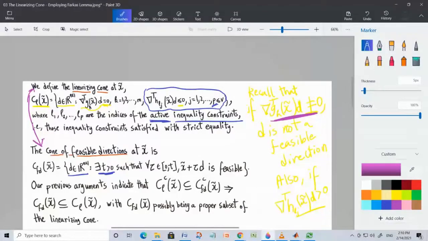We showed that if the inner product is not zero, then d will not be feasible, in the sense that walking along it with even an infinitesimal step will not keep you inside the feasibility set.